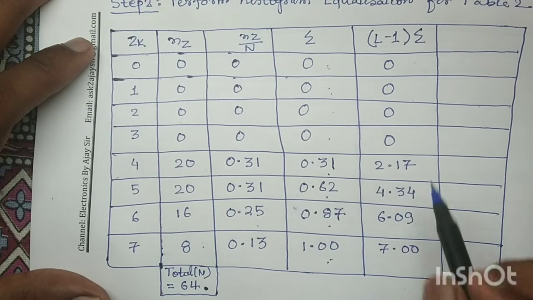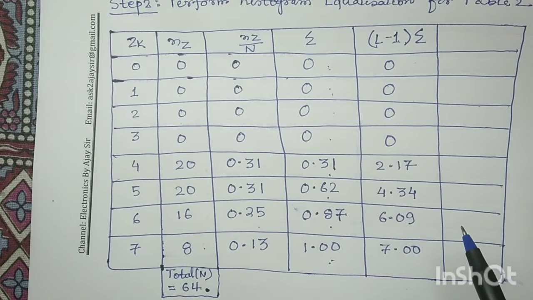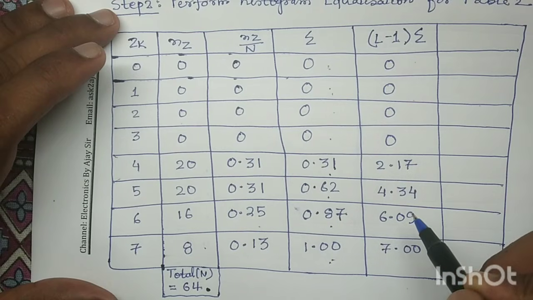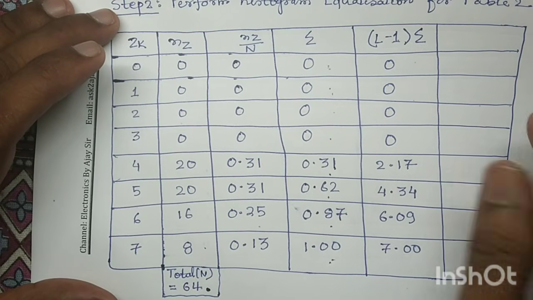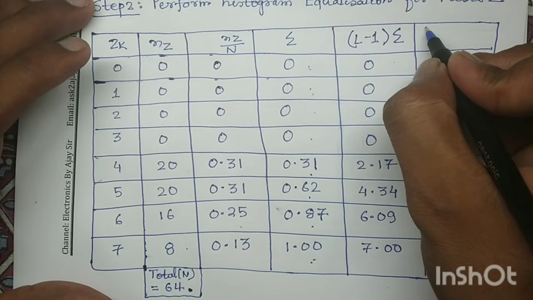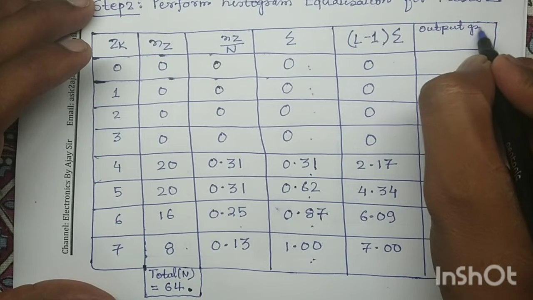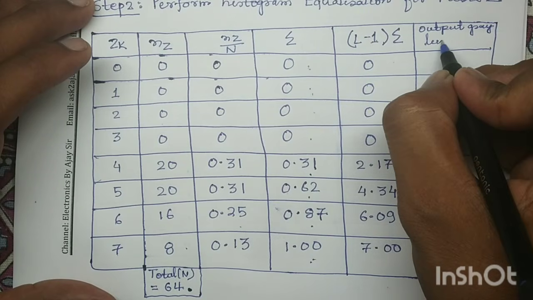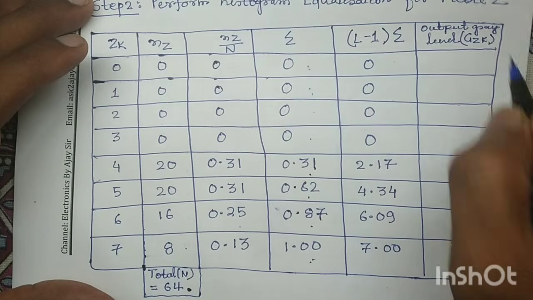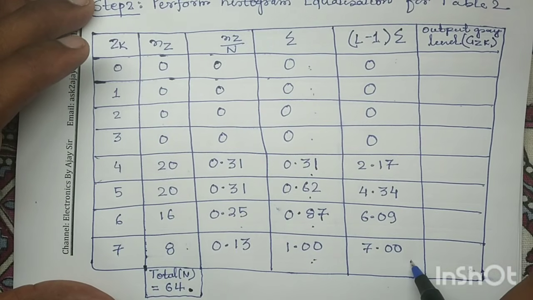So after determining the L minus 1 into sigma, next we will write the output gray label represented by GZK, and we will round off this number to its nearest integer number.